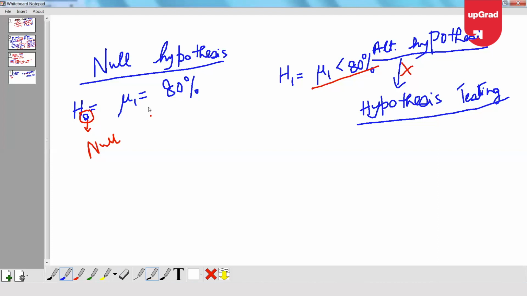So see, we have a null hypothesis, which is another weapon. There are some tests available through which you can do hypothesis testing using null hypothesis.